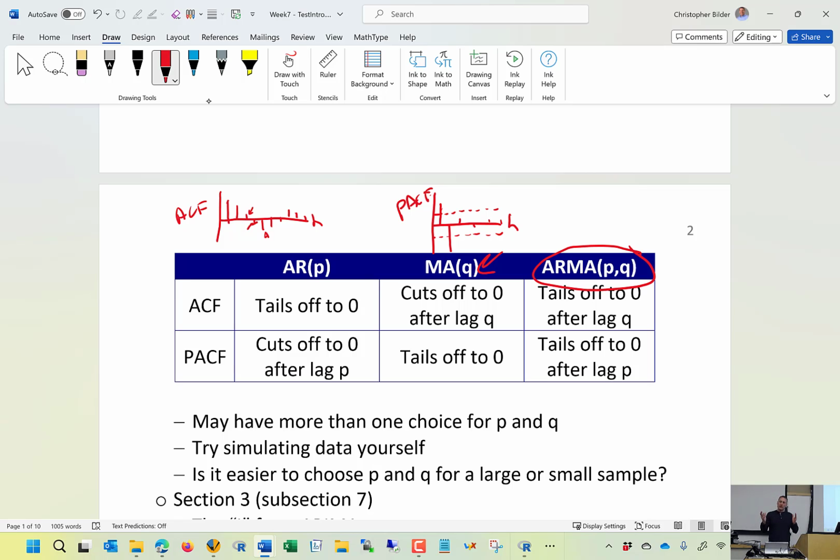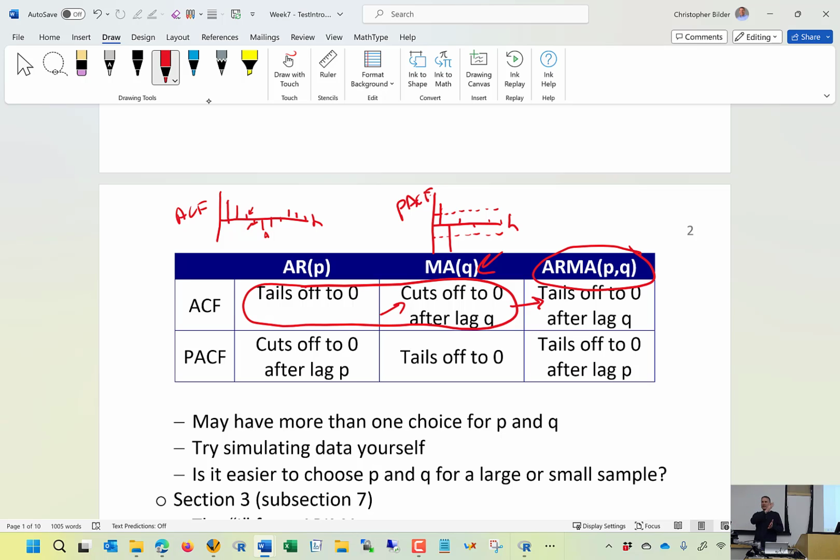And basically what happens is that we have a combination of these that leads to the ACF tailing off to 0 after lag q.